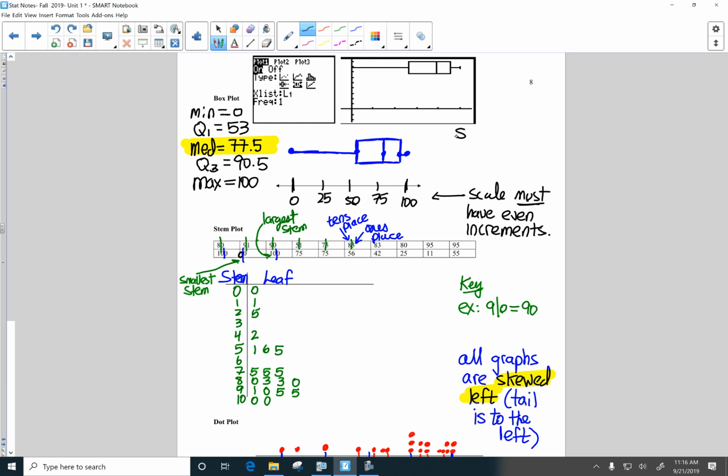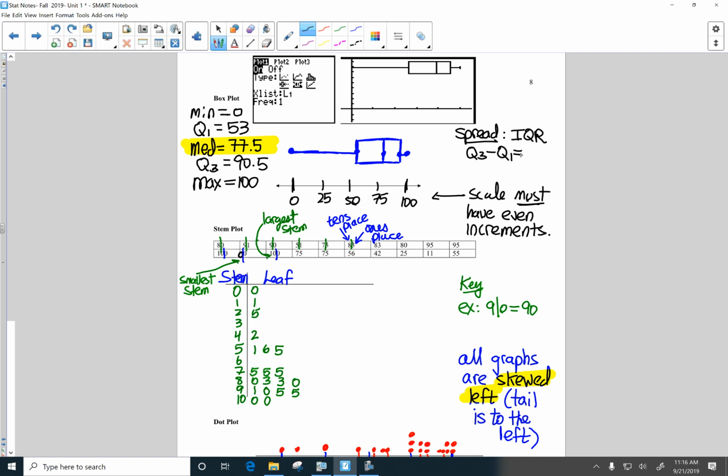Spread. There are a variety of different types of spread. We learned about one really important one last class, the standard deviation. Right? You can compute that if you want. And we also learned about another type of spread, the interquartile range, which is just simply the 3rd quartile minus the 1st quartile.